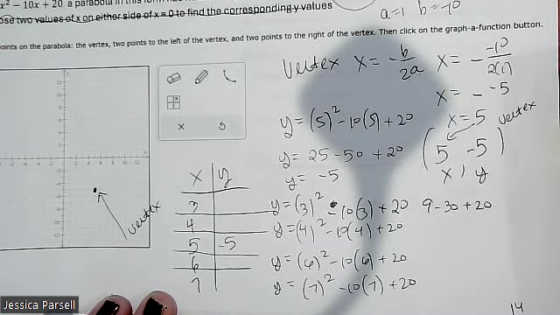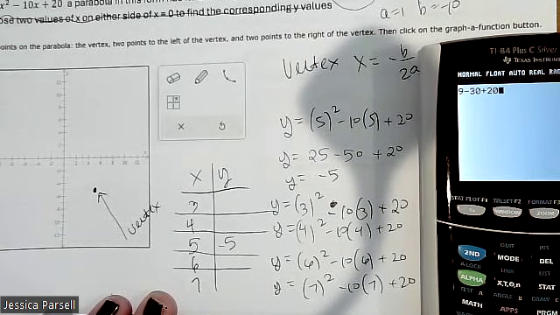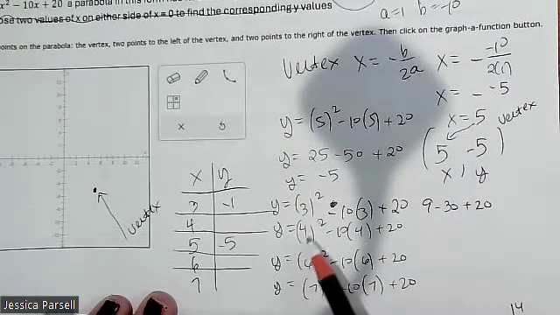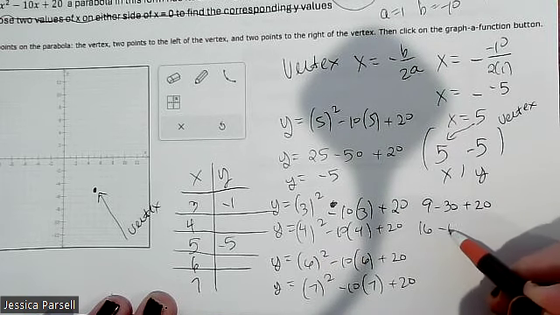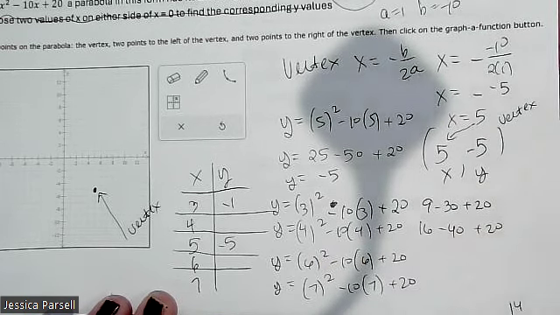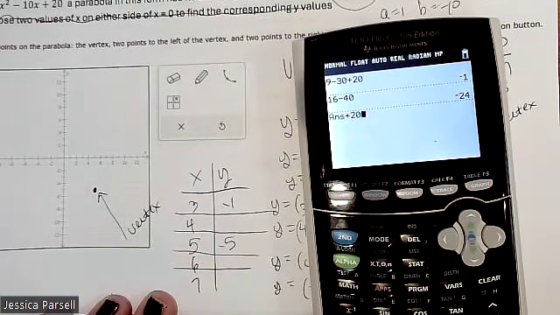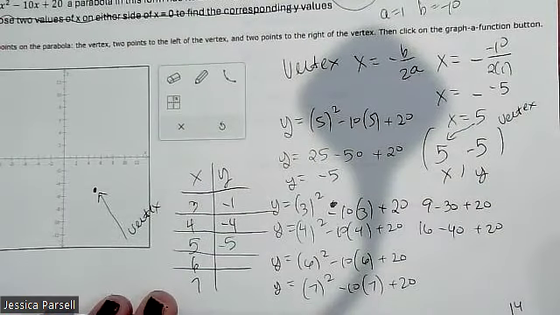All right, let's do that on our calculator here. 9 minus 30 plus 20, negative 1. Okay, we'd be able to graph that one. 4 squared is 16, minus 10 times 4 is 40. So 16 minus 40 plus 20. Negative 4. All right, we probably have a shot at graphing that.